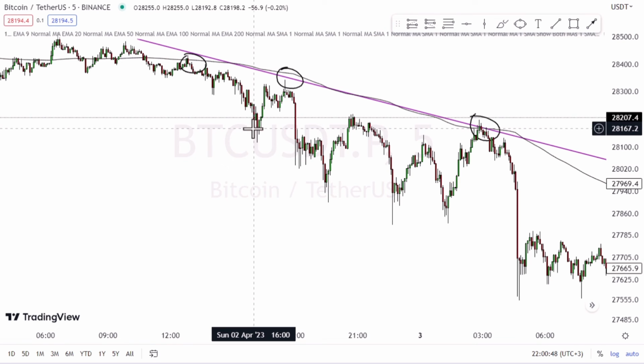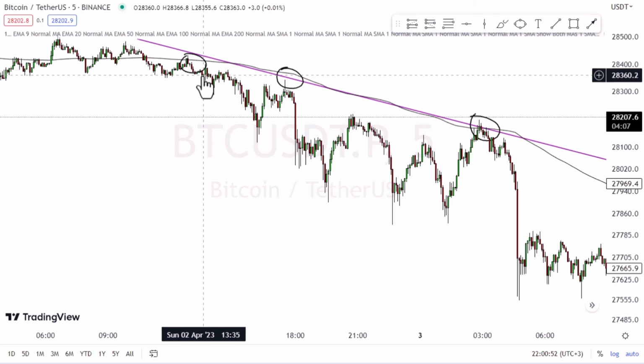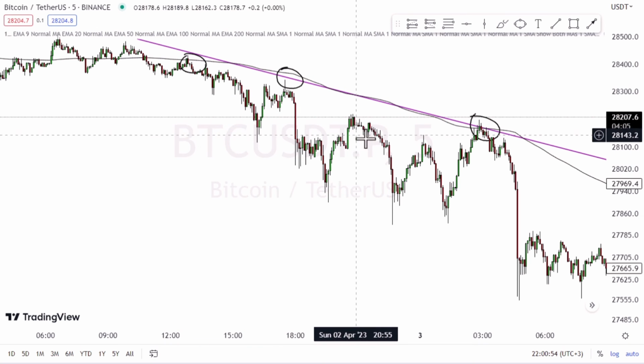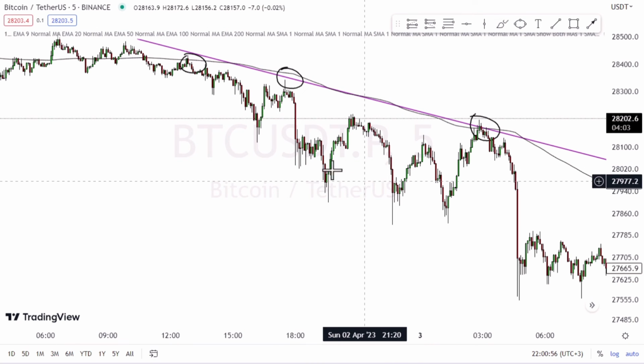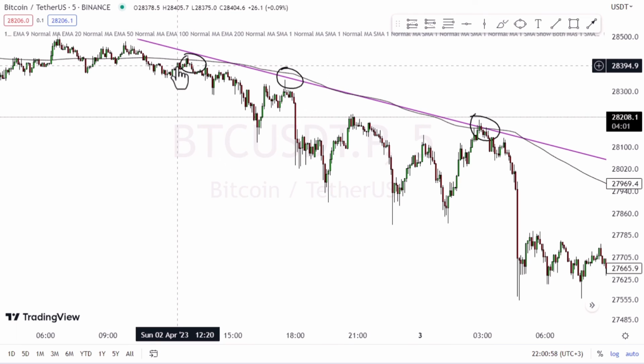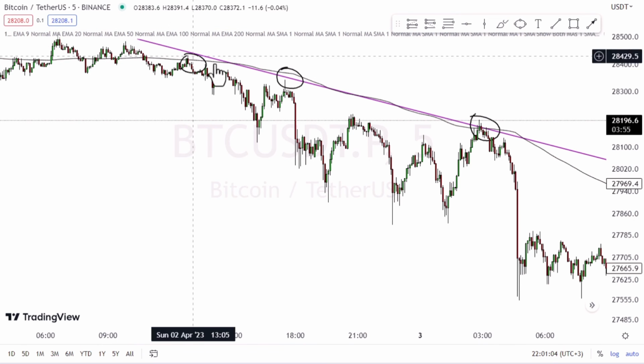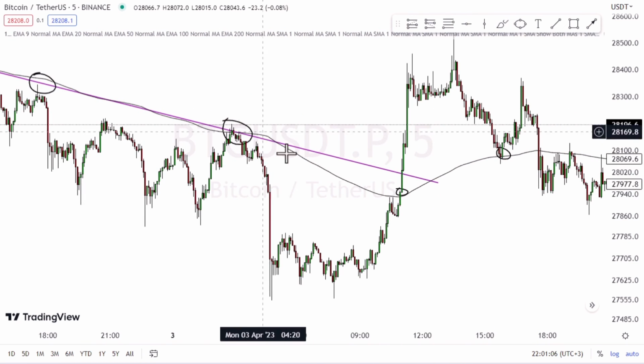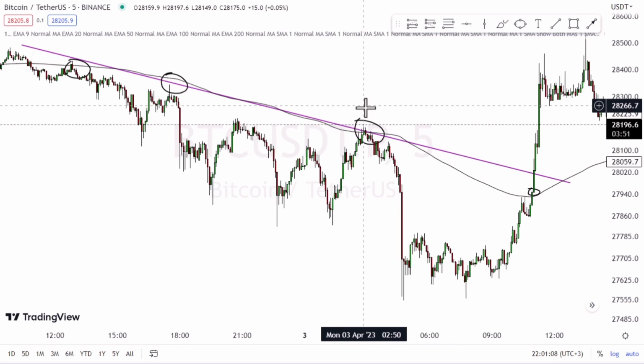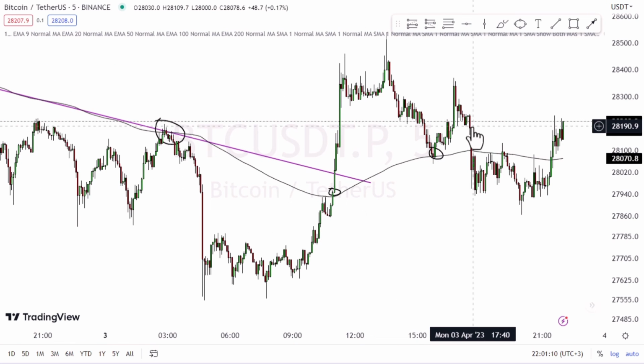Another rule of thumb is that the 200 EMA, or let's say this dynamic support and resistance level, in this case when the price is below it, is a resistance level. When the price goes above it, it becomes a support level. So this dynamic level is working like a magnet. When the price is going far from it, it's trying to bring the price back to itself.